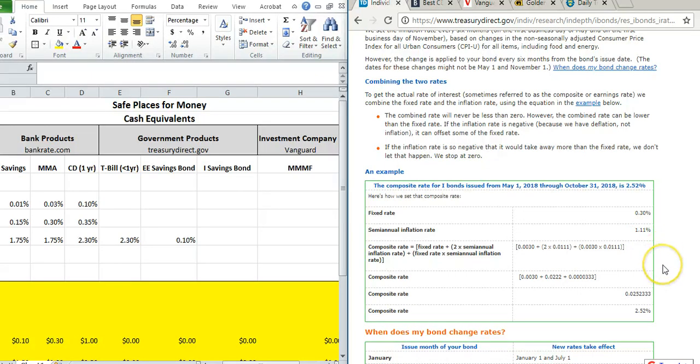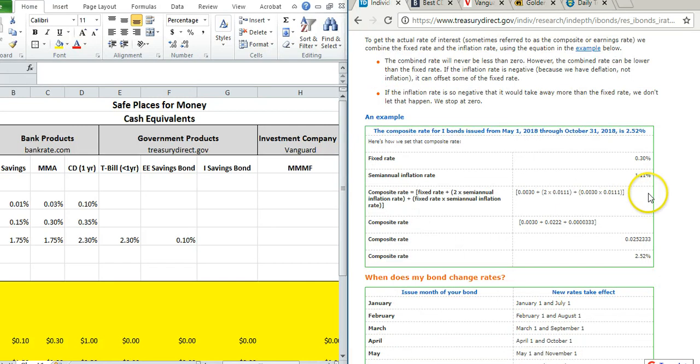So the composite rate, that's semi-annual, so we'd multiply that times 2 for an annual rate, is 2.52 for the I bond, which again is comparable to a T-bill, significantly higher than a traditional savings bond. And again, all the information is going to be on treasurydirect.gov.